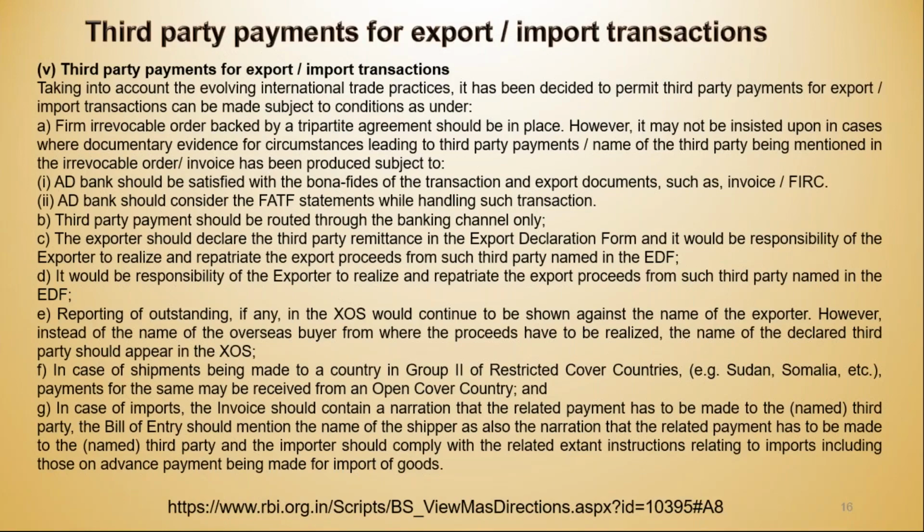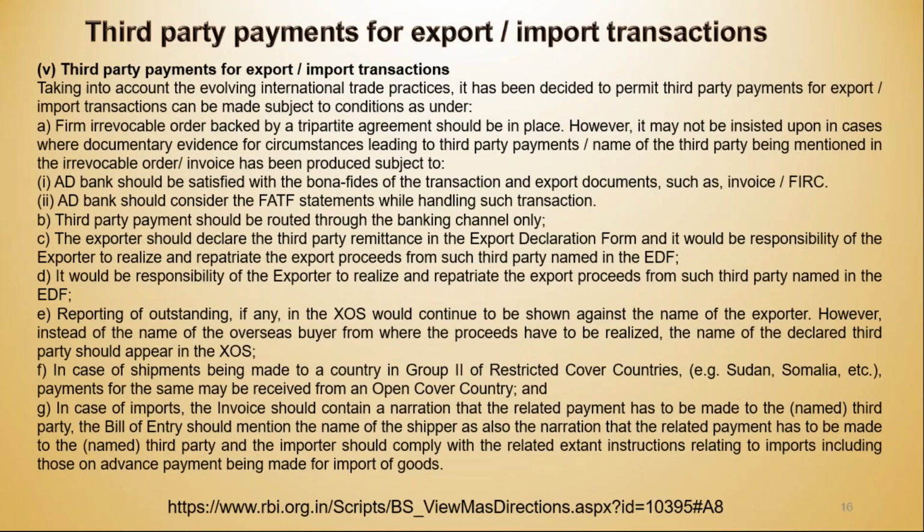The firm irrevocable order backed by a tripartite agreement should be in place. That is very important. Whenever you are making the agreement between the buyer and seller, in the agreement it must be very clearly mentioned that the payment will be sent by a third party. That is why the tripartite agreement must be there.